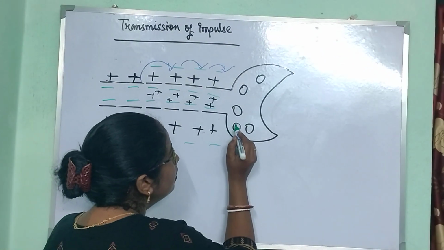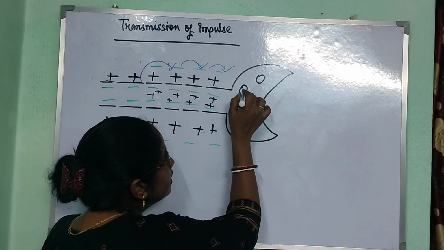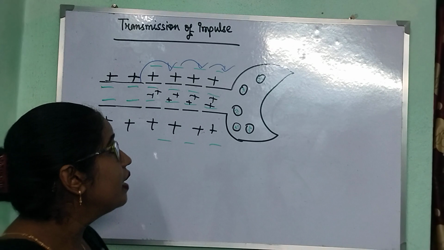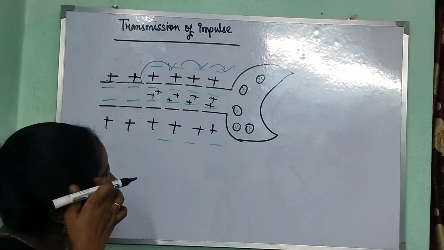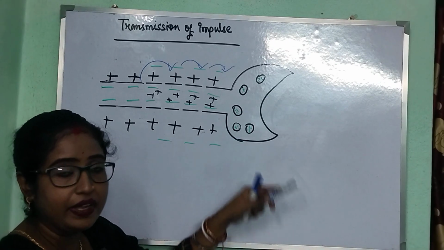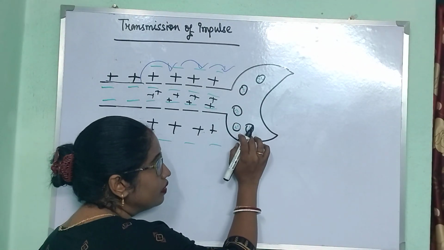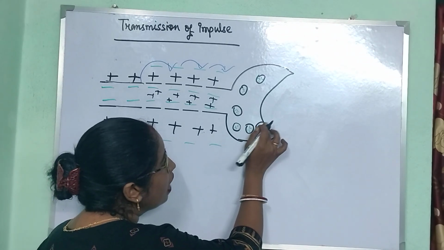Rather, I say it has some chemical substances in it. On the arrival of the electrical impulse at the nerve end, these chemical substances get released to the outside.